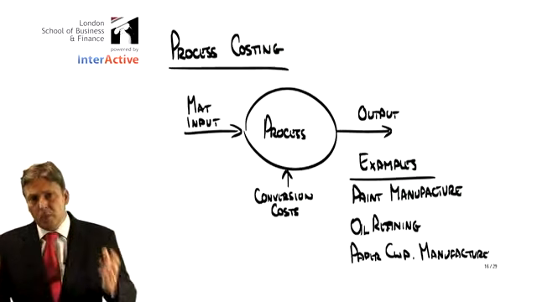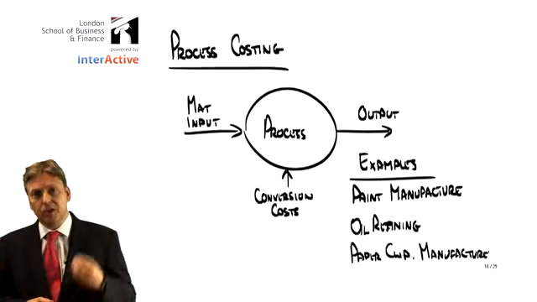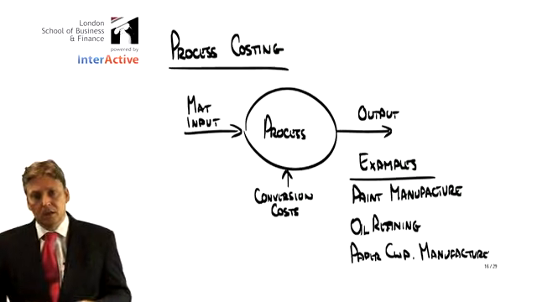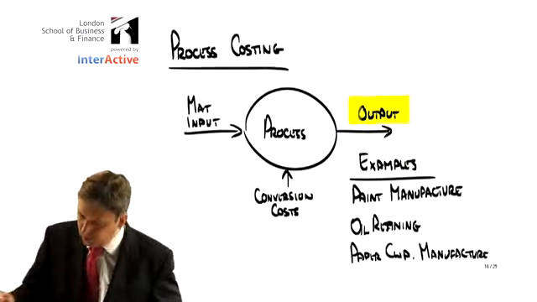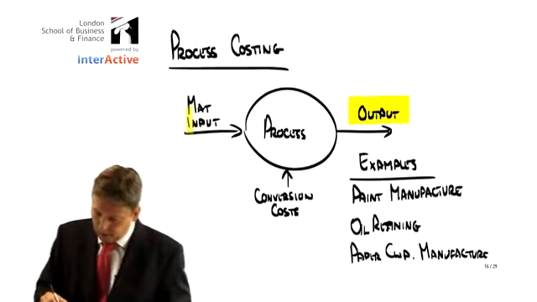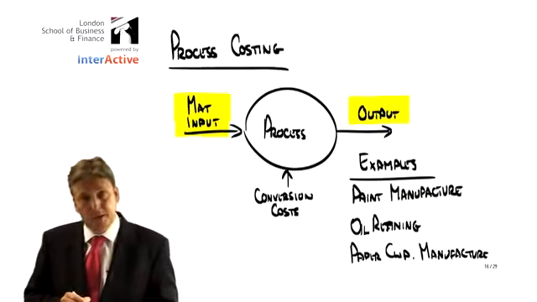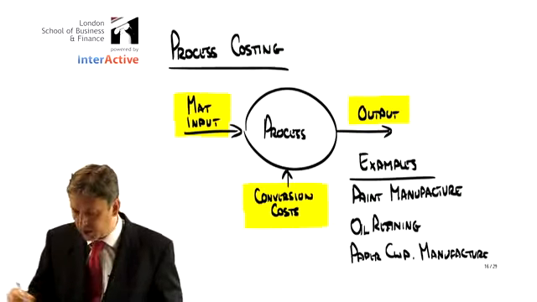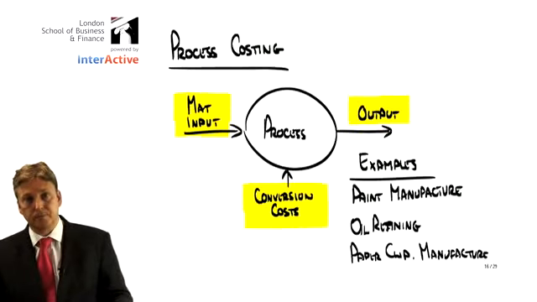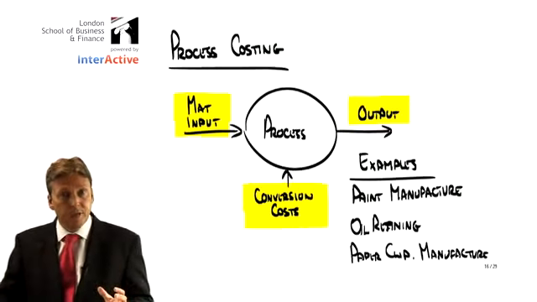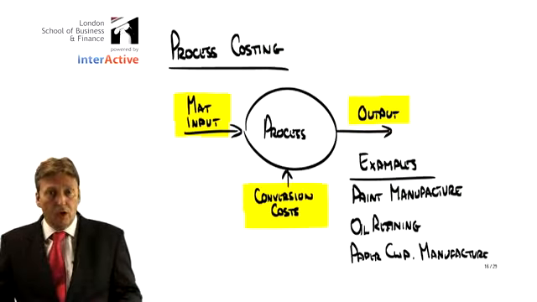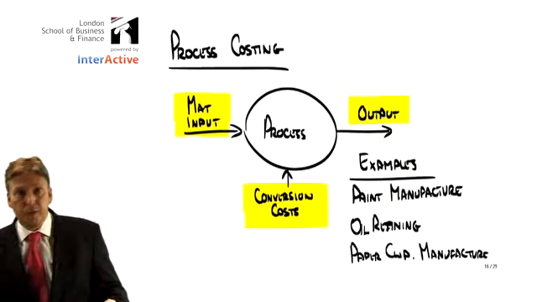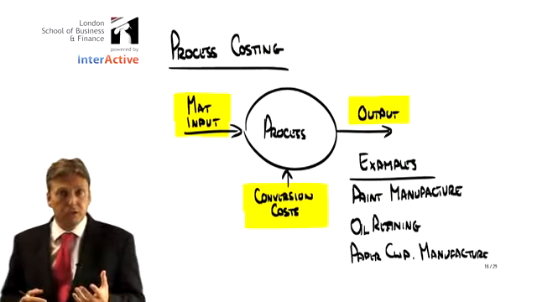Remember, so much of this course is about establishing a cost per unit. And what we want to do is establish a cost per unit of this, given that we know the inputs in material and the application of the conversion costs. In simple terms, there is only one way of doing it. For a period, given a day, a week or a month, we know the total material inputs. We know the total conversion costs.